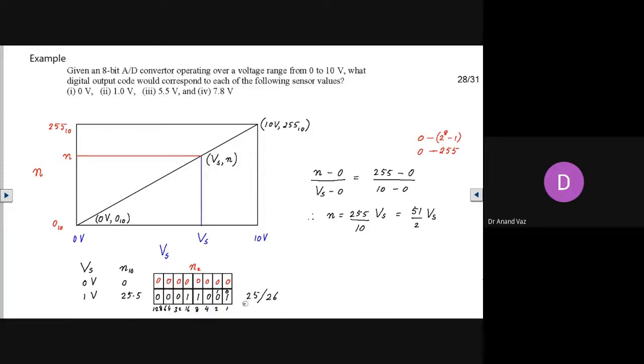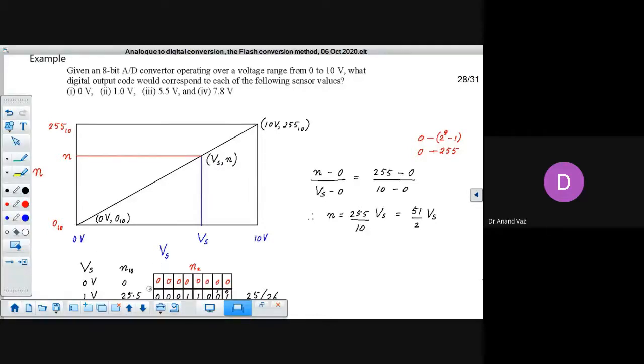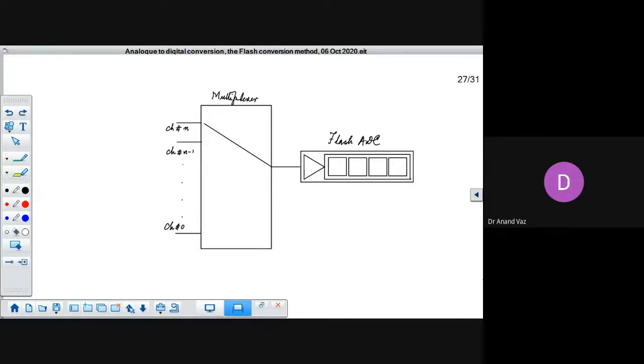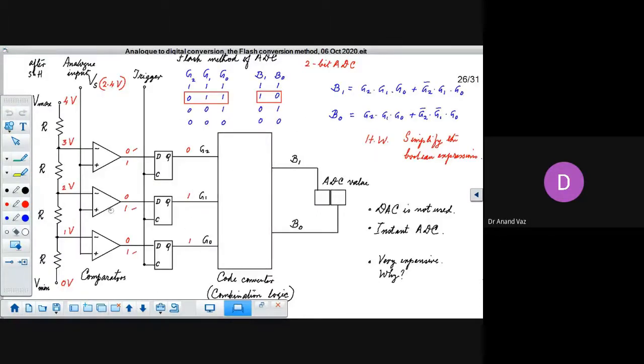Now it depends upon what is the algorithm which you have followed. In the one which we used for our flash conversion, in the flash converter technique, when we had a signal between 1 and 2, how was it digitized?